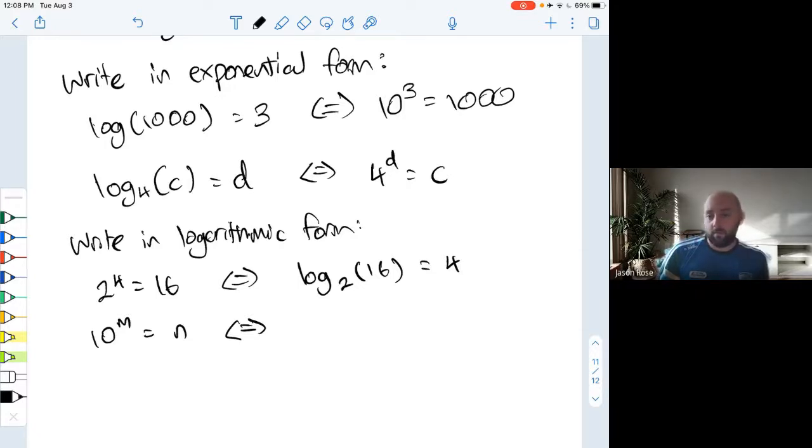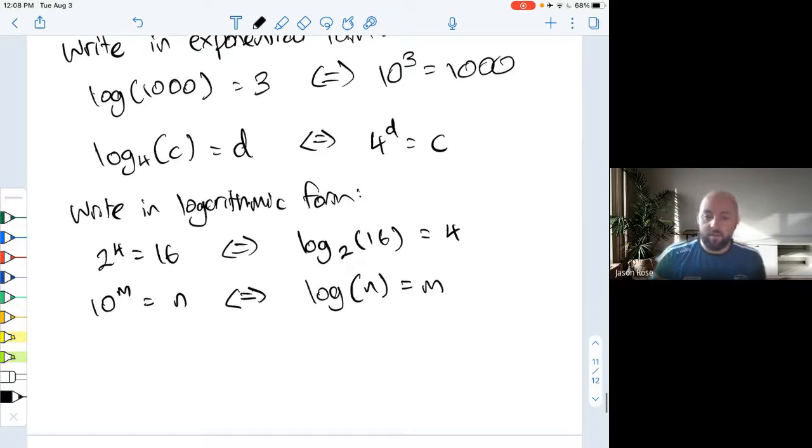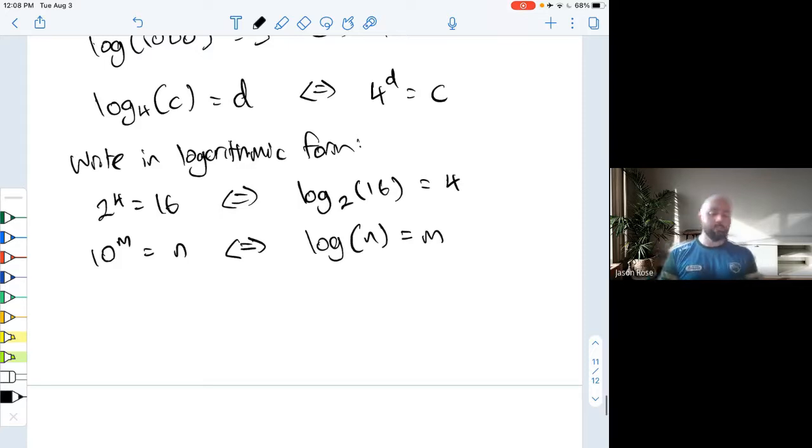Log of n equals m. Yep, that's it. So the one thing to remember, Jamal, is that we have that pointless rule that if the base is 10, you don't need to write the base. So log of n equals m. But yeah, full marks, you get the idea.